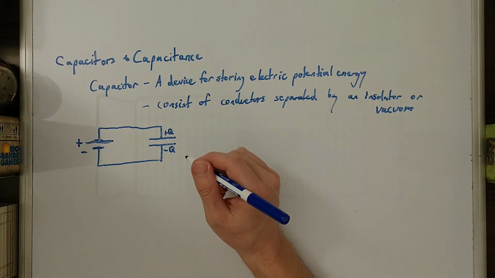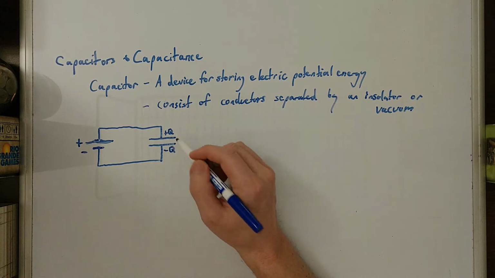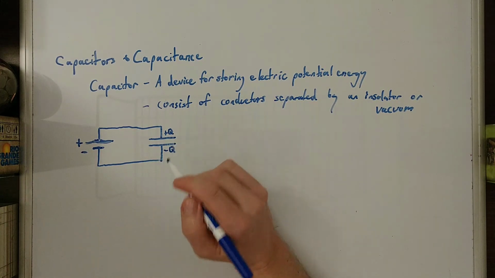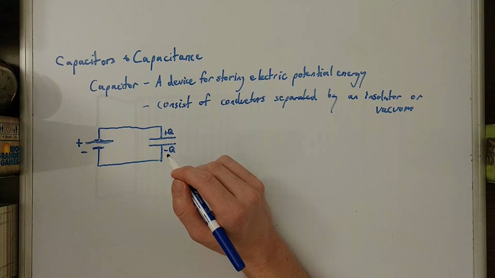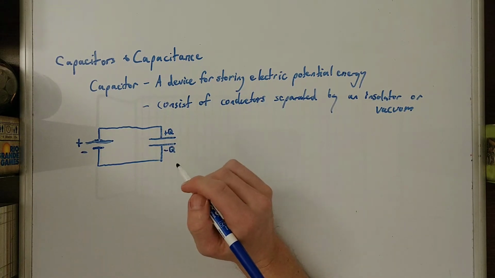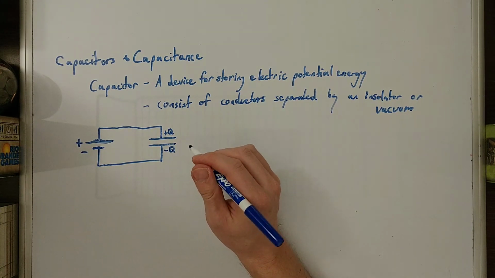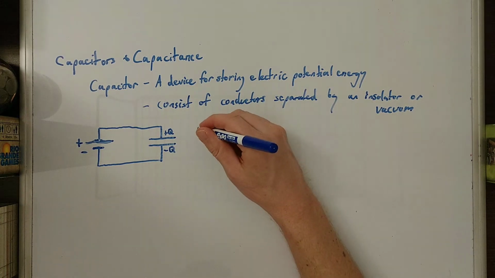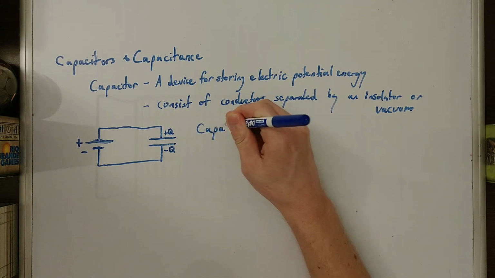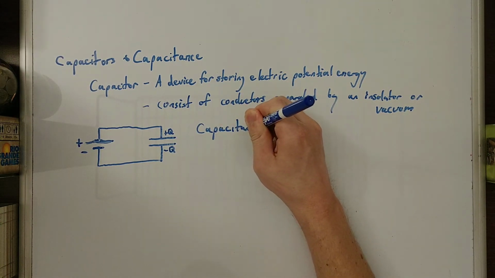Now, it'd be nice if we could have some way of measuring how much potential energy it's storing, or how good it is at storing the potential energy. And the way we talk about how good something is at storing potential energy is we talk about its capacitance. Right?